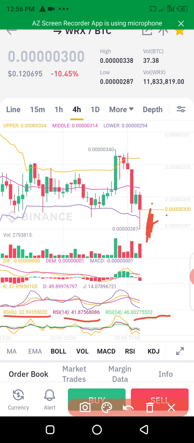As you can see, this candlestick has left the Bollinger Band and it is making 287 satoshi, which is the lowest price of that day. And if the relative strength index here is below 30, it is telling you that reversal will occur.